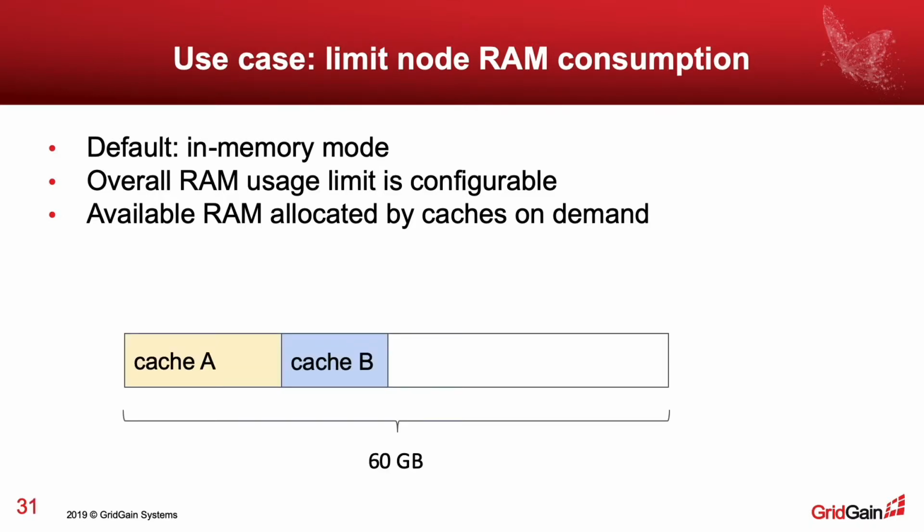When you say that you want it to be 60 gigabytes, let's see what will happen. You will have a 60 gigabyte chunk that will be allocated by the Ignite node in RAM.